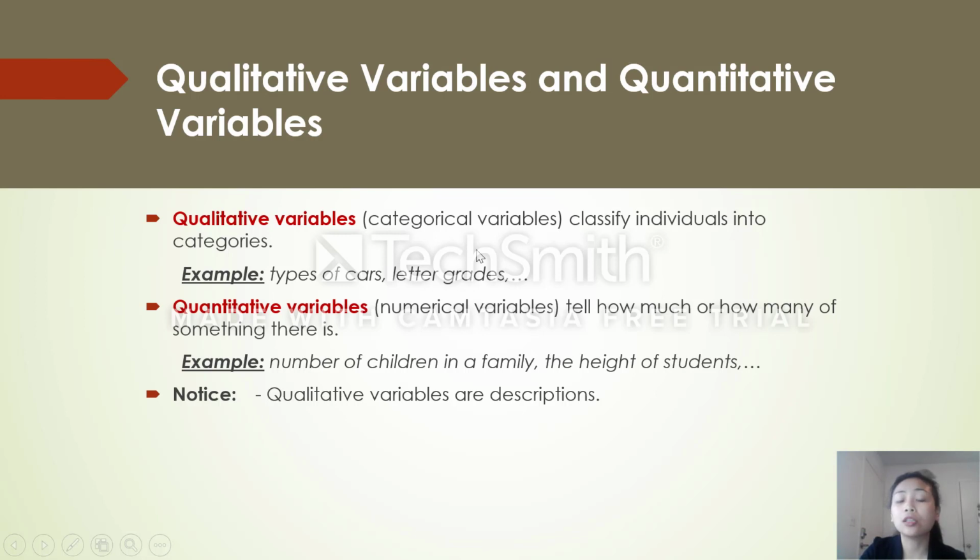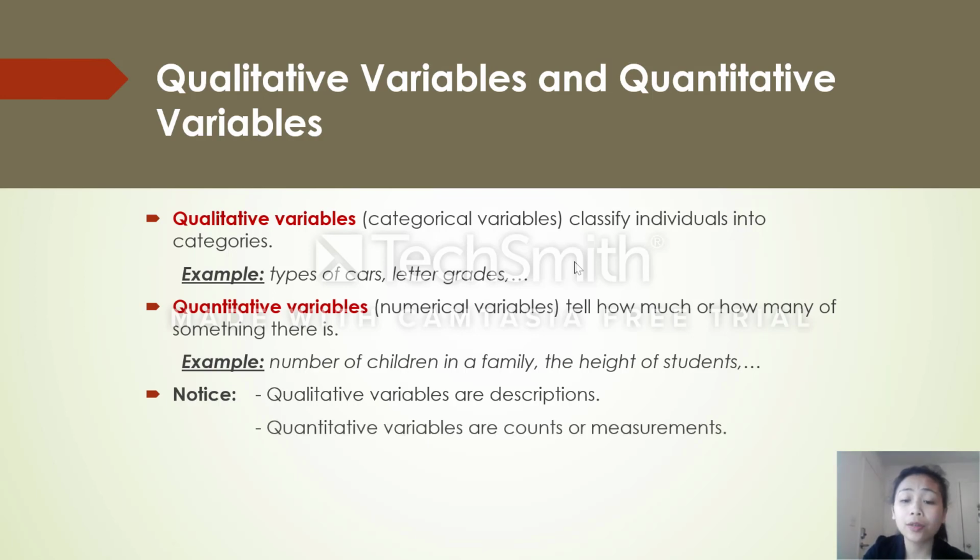The letter grade is a description of the student's performance. And quantitative variables are counts or measurements. For example, the number of children in a family is an example of a count. The height of students is an example of a measurement. So that is the difference between qualitative variables and quantitative variables.